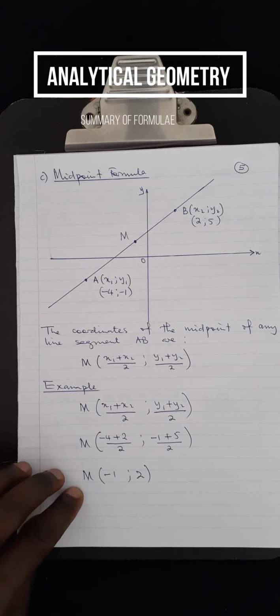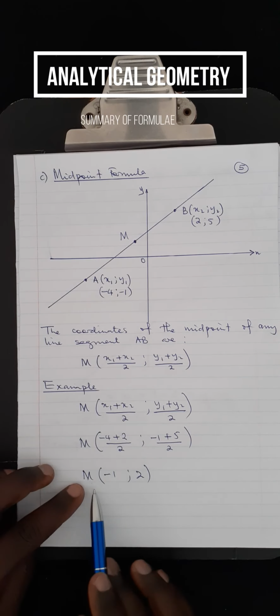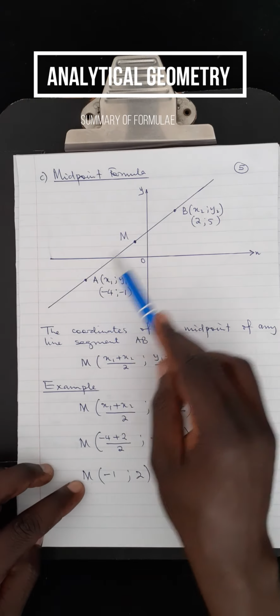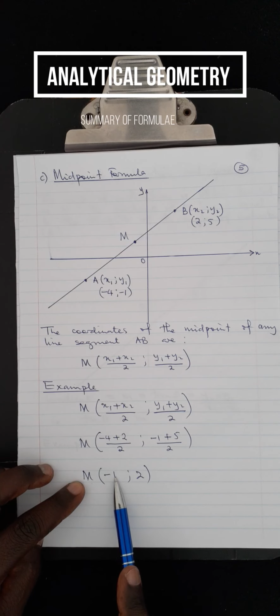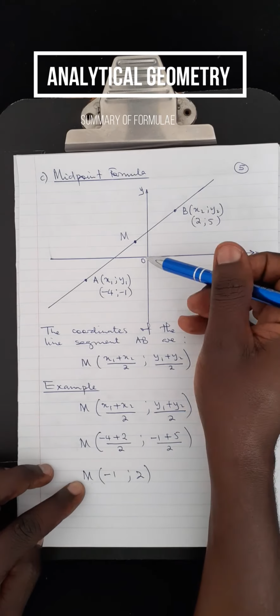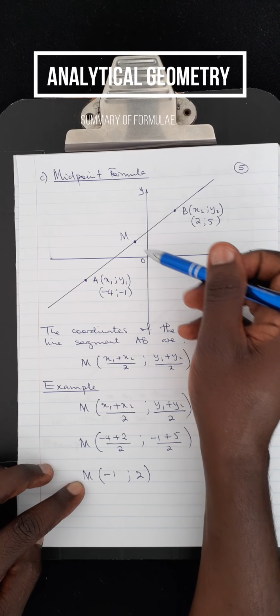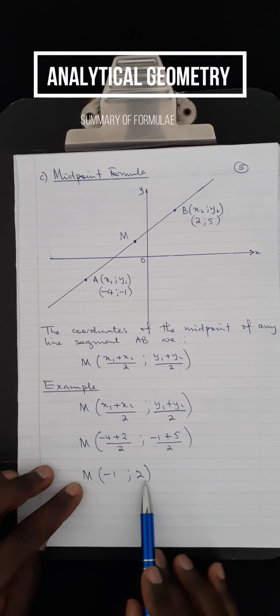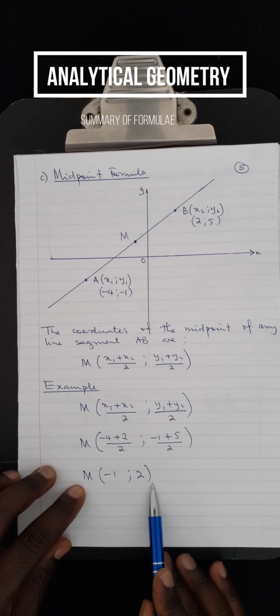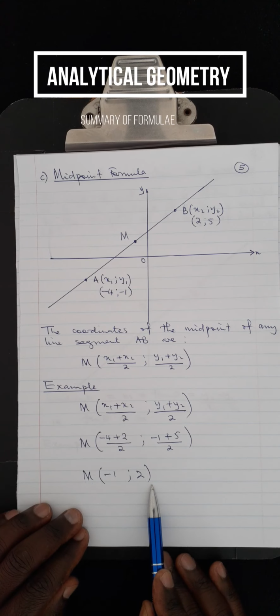So this tells us that the midpoint of A and B has coordinates -1, 2. So it's somewhere there, -1, and 2 steps up. So it will be somewhere here. So we are able to evaluate the exact coordinates of the midpoint of a line segment using this formula.